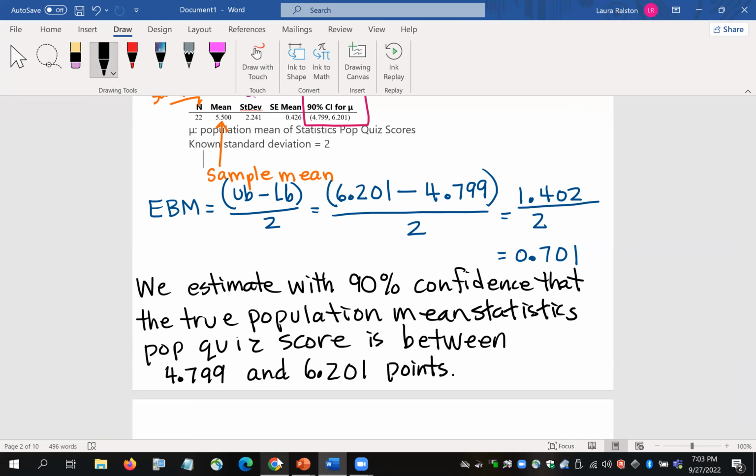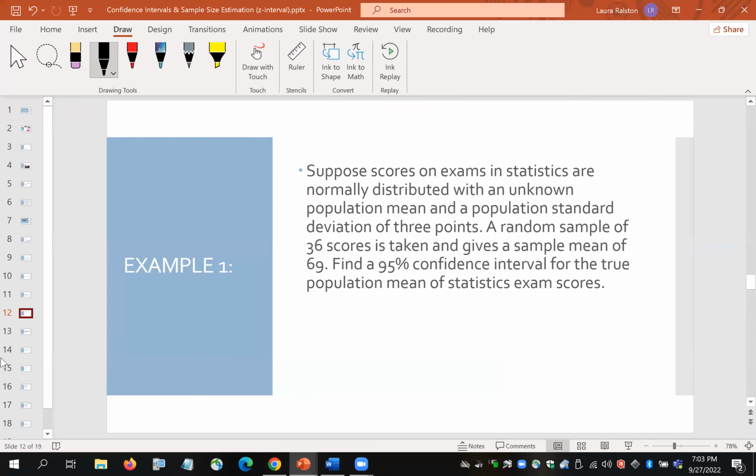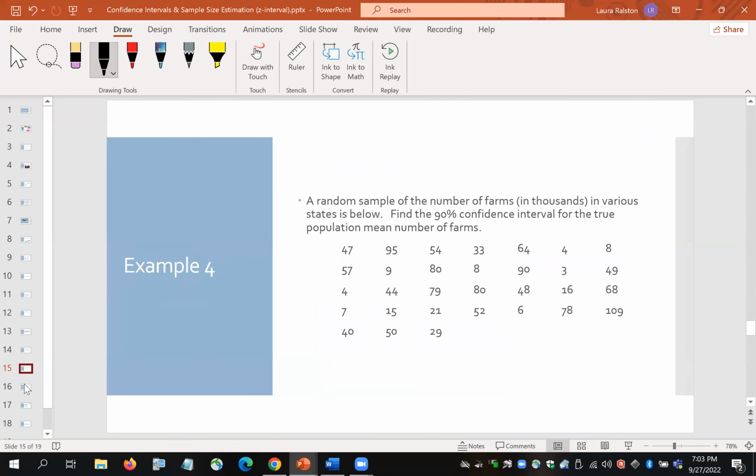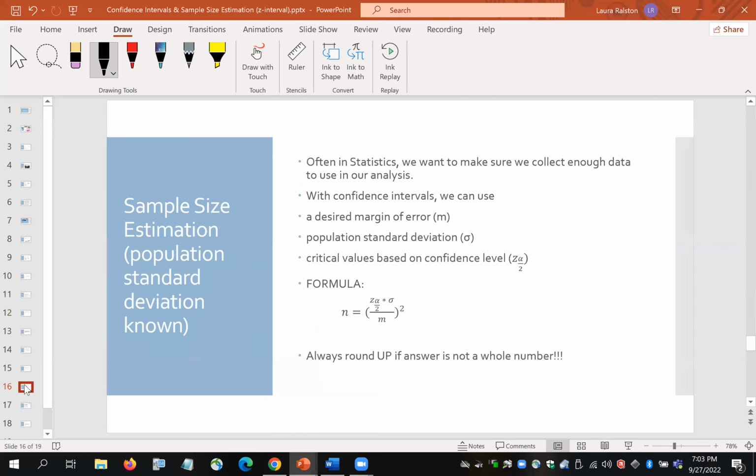Sometimes, going back to this PowerPoint, when we're looking at these problems, we kind of want to work backwards. We want to make sure that we have enough data to use in our analysis, because if I don't have a big enough sample, then my results really don't mean anything.